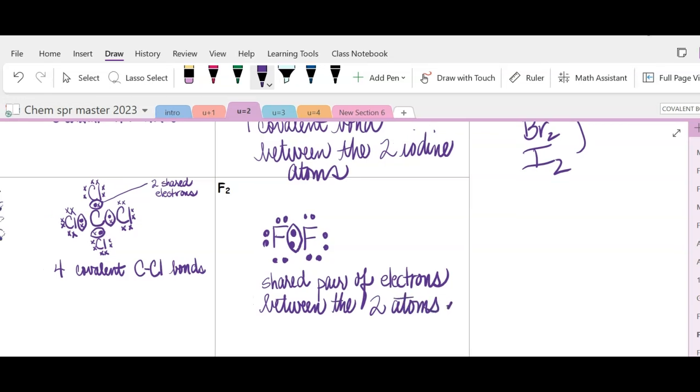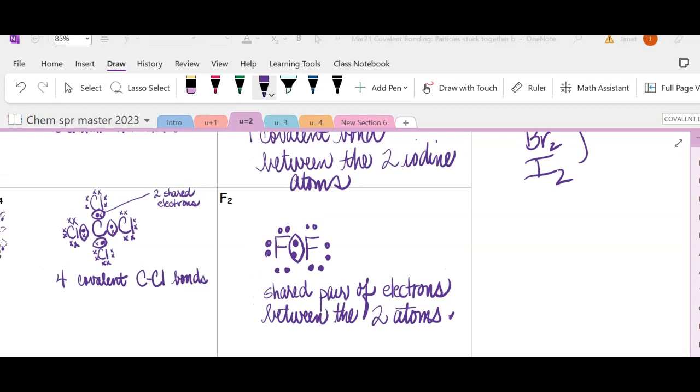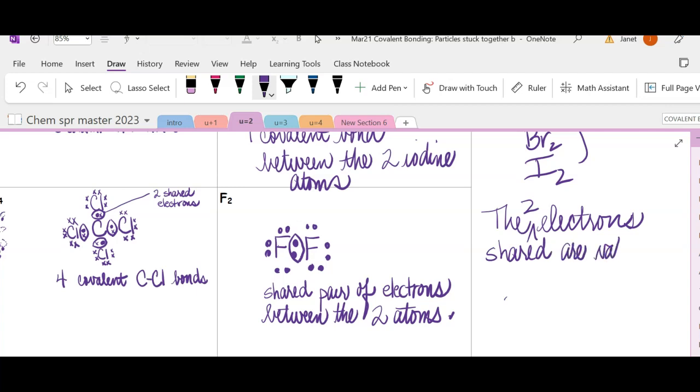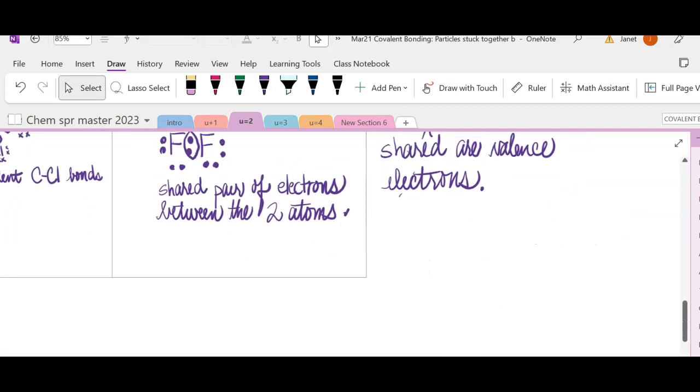All right. Now, one question I want to ask: where are these electrons coming from? What's the source of these electrons? The 2 electrons shared are valence electrons. So let me show you what that would look like.